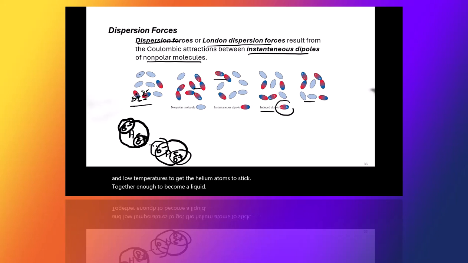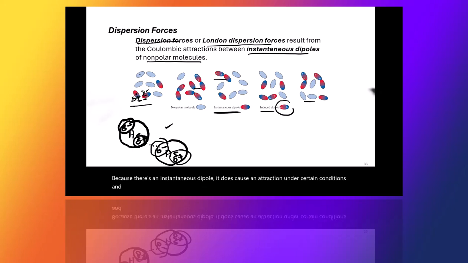Without any attraction whatsoever, you can only have a gas. But here, because there's an instantaneous dipole, it does cause an attraction under certain conditions, and we do get the condensed phases of a liquid or a solid. All right, that's an important one, dispersion forces.